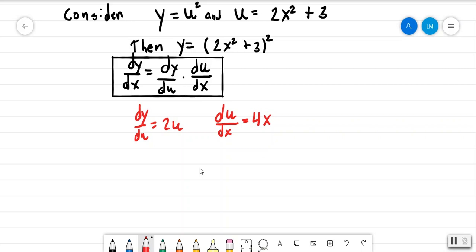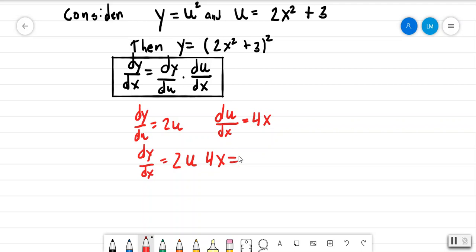So what comes next is that dy/dx is equal to dy/du, which is 2u, times du/dx, which is 4x. In this case we just need to go back and substitute whatever u was equal to.